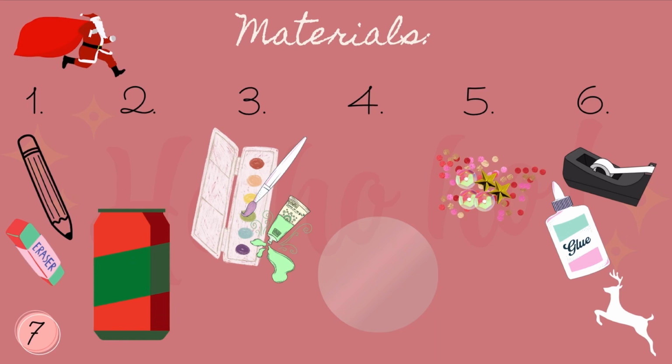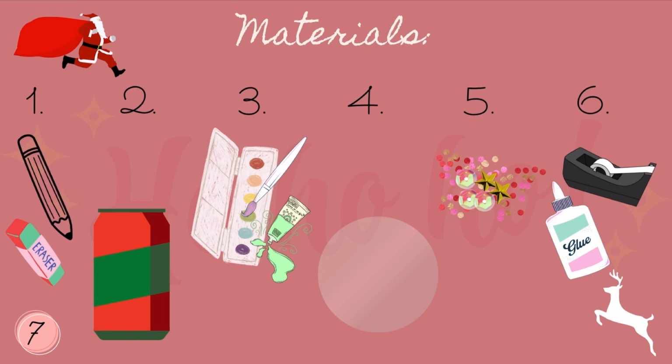The second thing you will need is a round thing for you to draw circles. And the third thing you will need is tools for painting and coloring, like paint, brushes, water. And the fourth one is the plastic shield.